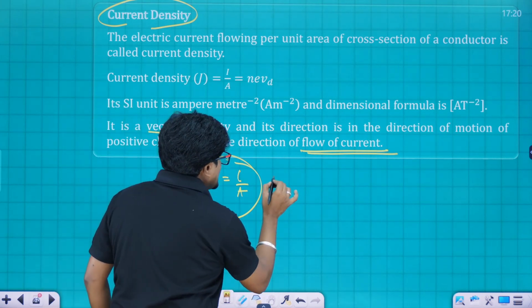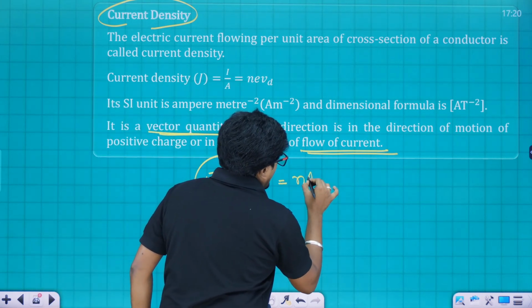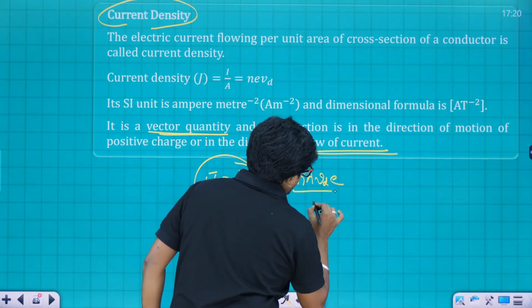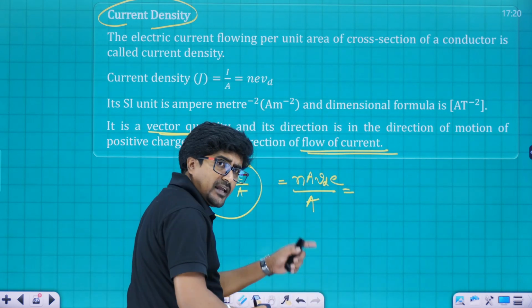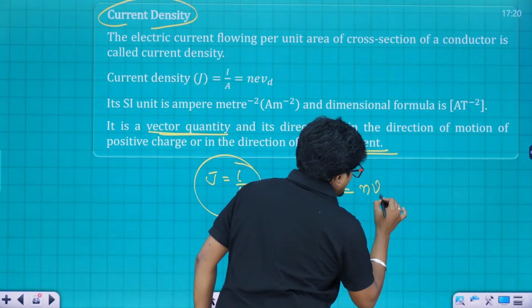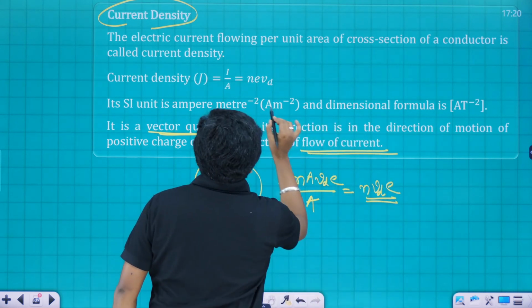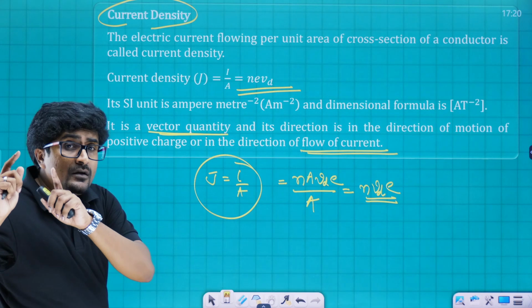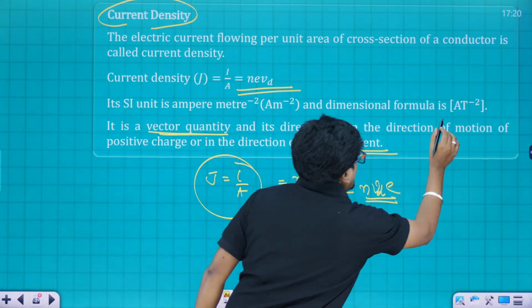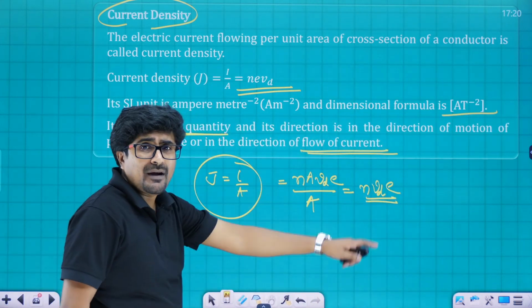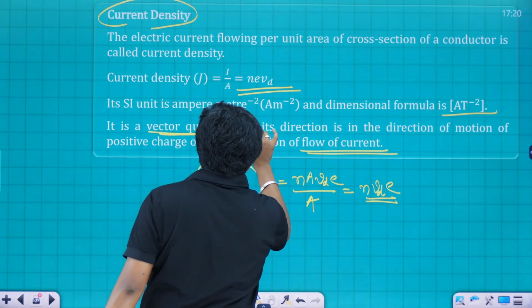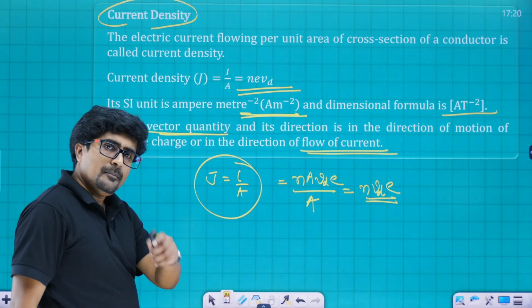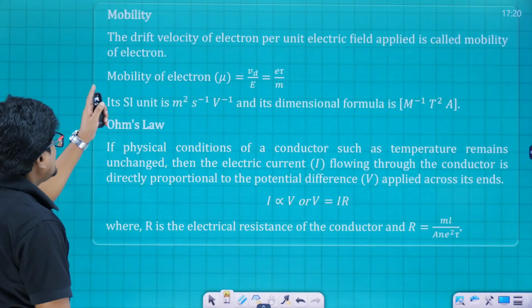So we just had the expression for current as N A V suffix d into e all divided by A. That is going to give the final expression as N into V suffix d times small letter e. Finally, the dimensional formula is going to be A L raised to minus 2, and the unit is going to be ampere per meter square.